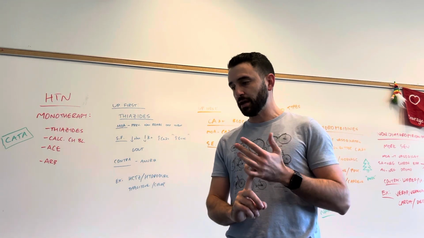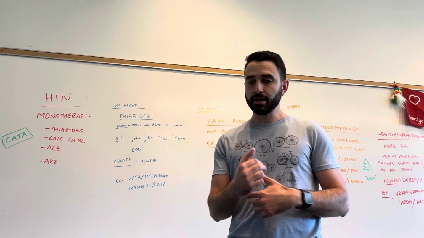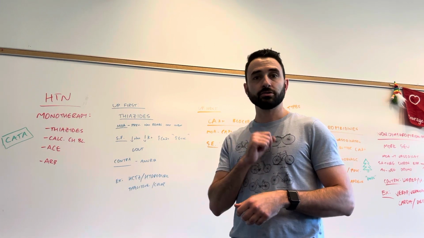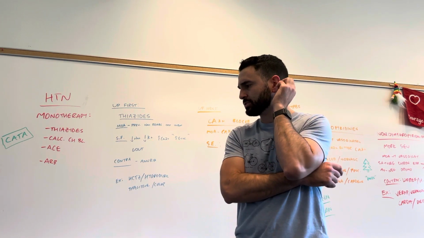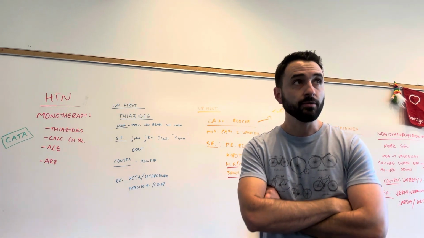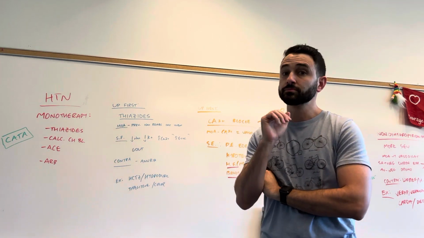It's going to fix our hypertension, okay? Examples of thiazide diuretics: HCTZ, hydrochlorothiazide, and chlorthalidone, Thalitone. Okay, those are our 2 diuretics. Now, side effects of this: obviously salt is going down, so hyponatremia, but potassium's going down as well, hypokalemia.